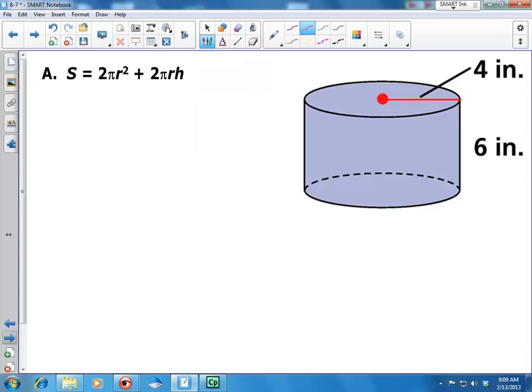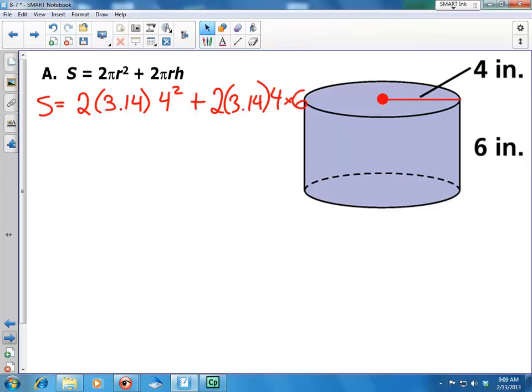So let's get started. I'll start with our surface area equals, we know 2, we know what pi is. And we know that our radius is 4 to the second power. And we're going to add that plus 2 times 3.14 times my radius, which again is 4, times our height, which is 6.